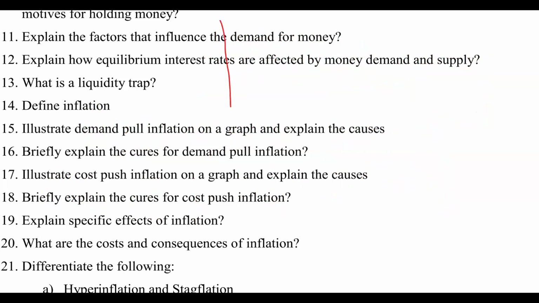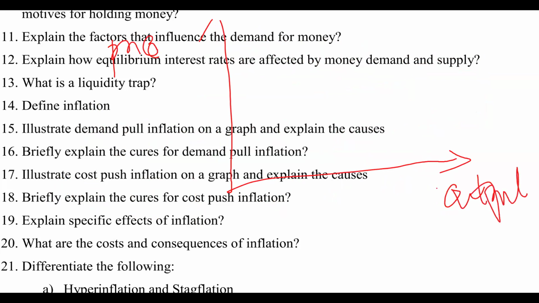A graphical representation is this one. So there is price on the vertical axis, and then there is income, or rather output, on the other axis, or aggregate demand. So what is happening is that there is this demand.